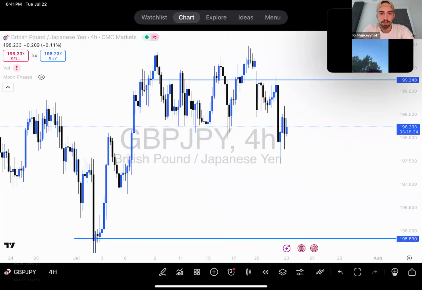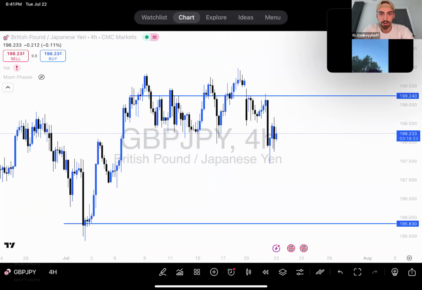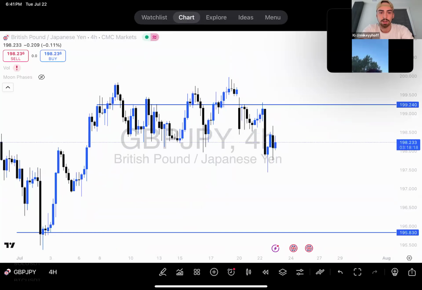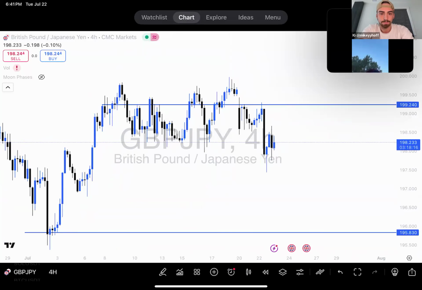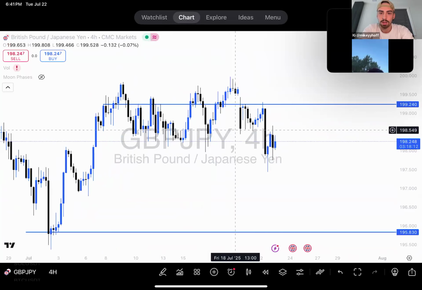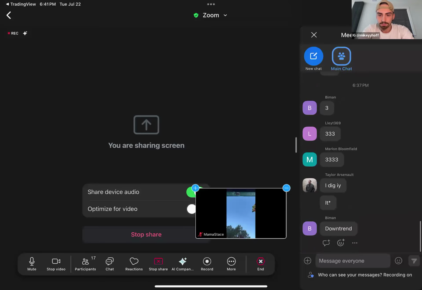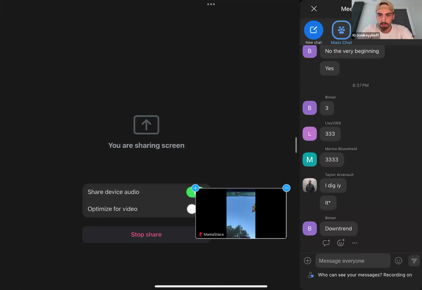And now looking at this data, which trend is this market moving in? We can see we have lots of different highs and lows, but which way do you guys think this market is moving in before we mark it up? I see downtrend.